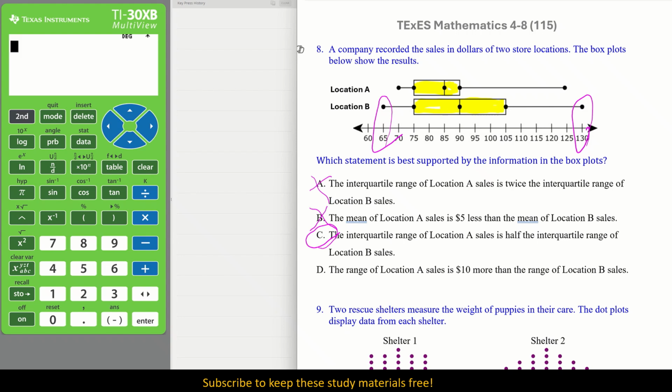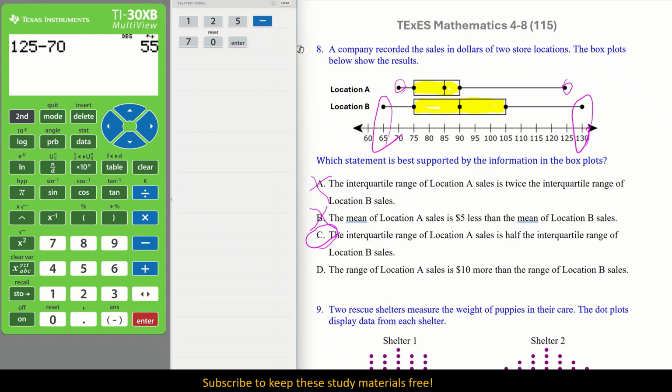Okay, so let's look at A. A is 125. That's right here, minus 70 right here. That's 55.